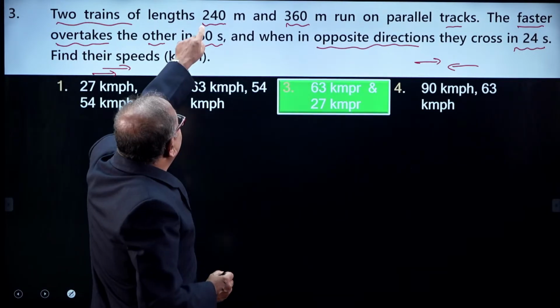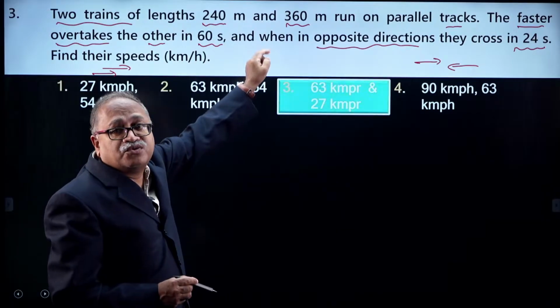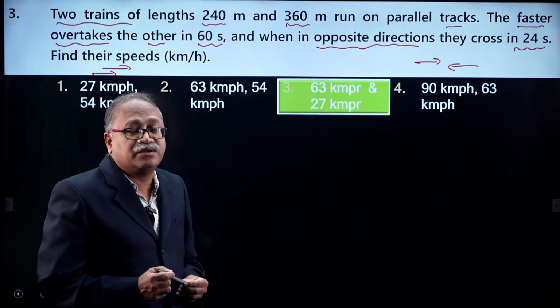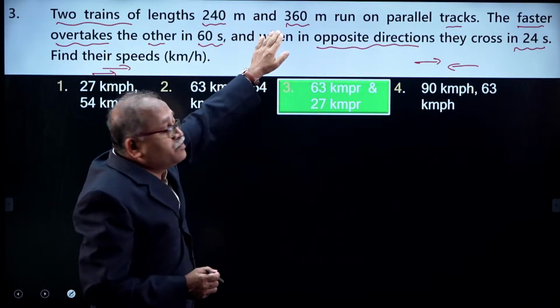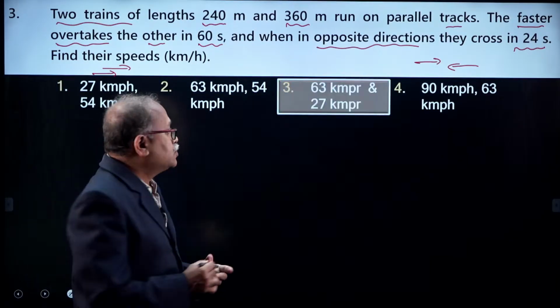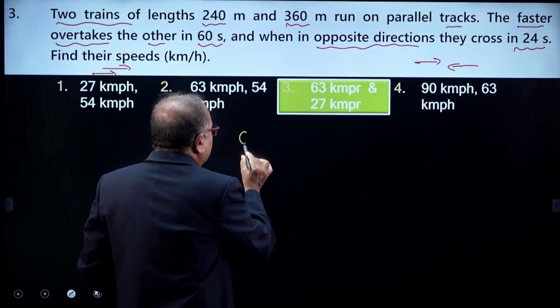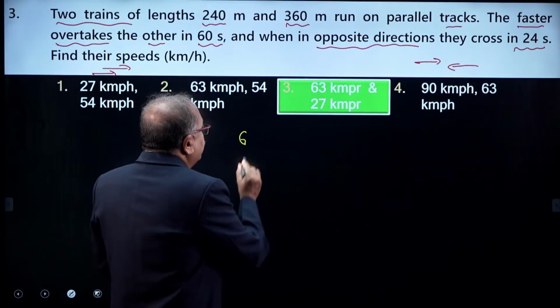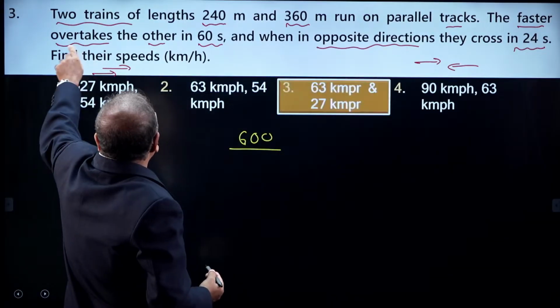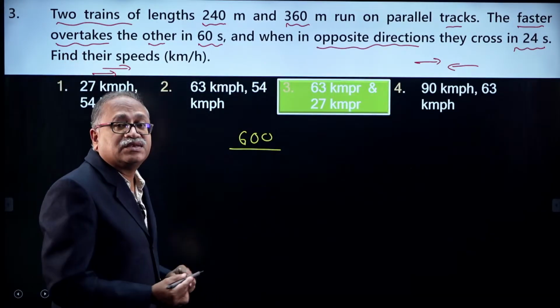So, here I know that the total distance will be the sum of the lengths of the two trains, whether they are moving in opposite direction or in the same direction. So, 240 plus 360 comes to a total of 600. So, that 600 is the distance. Overtaking means moving in the same direction.